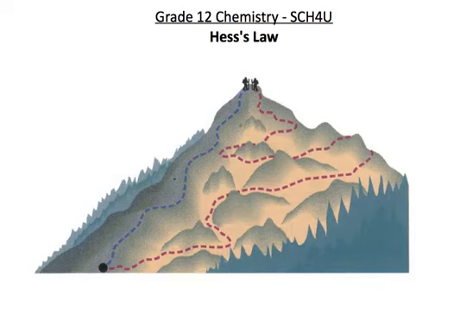So what we have to consider before we can look at actually Hess's law is this diagram, because this is a pretty good analogy. So we have two hikers who are going to hike down a hill. We have this first hiker here with the red line, and if you watch his pathway, that's a fairly circuitous route.